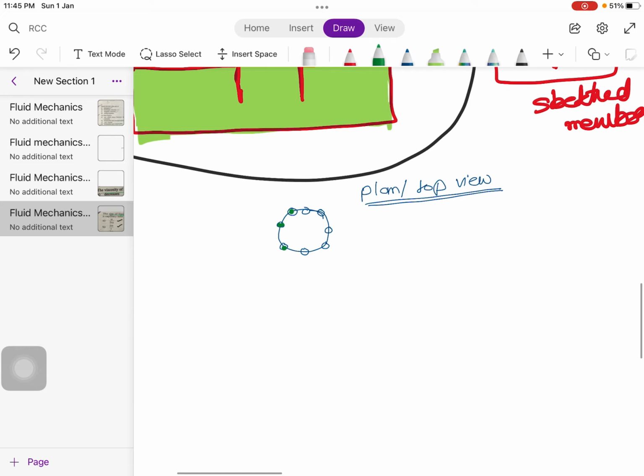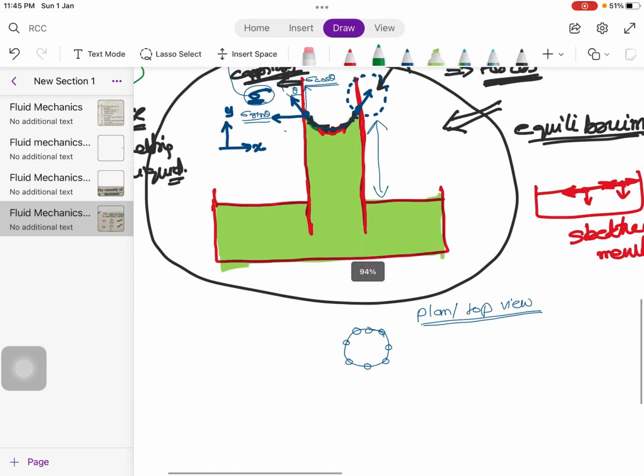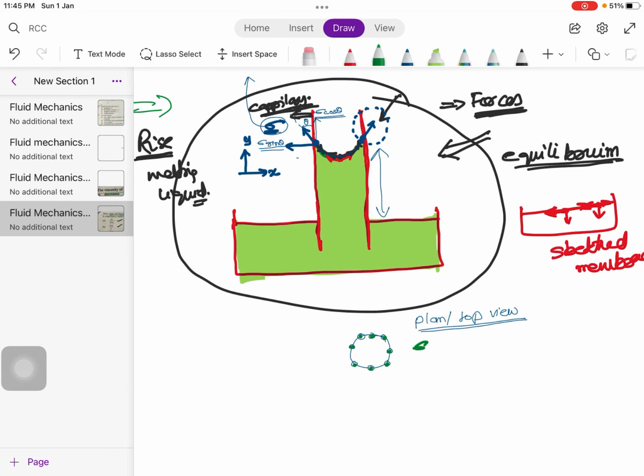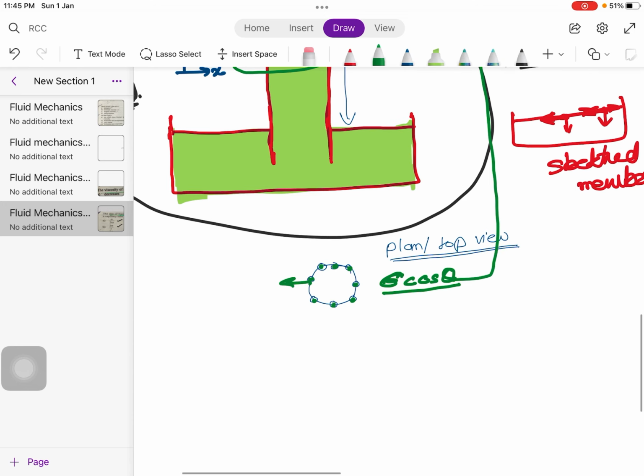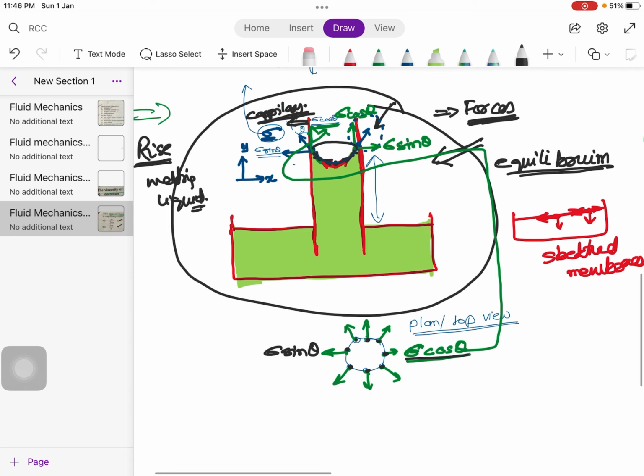Here we have vertical forces of magnitude sigma cos theta, and the horizontal forces sigma sine theta play out like this if we look at this surface from the top.